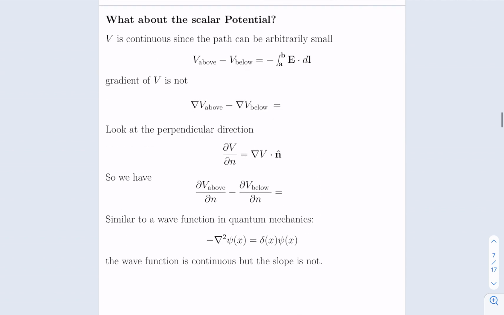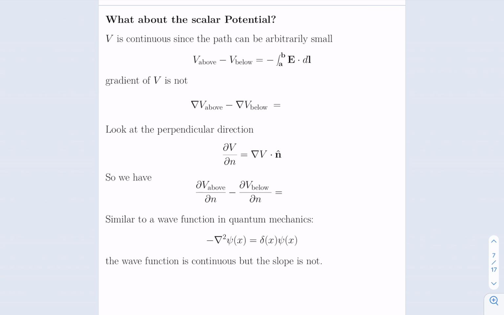Now let's check what the scalar potential should be doing exactly near the surface. So first let's take a look at the value of the scalar potential, that means the potential right above the surface and right below the surface, and that can be obtained by simply integrating this E field along the dl, right?